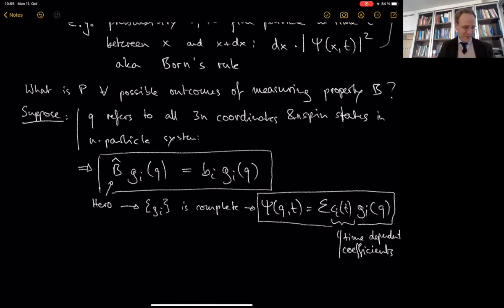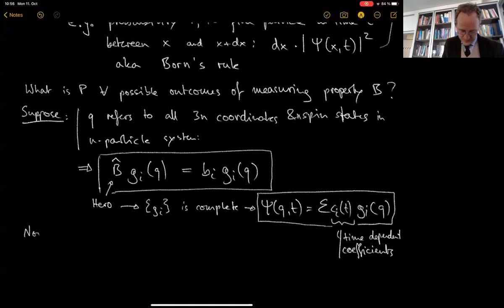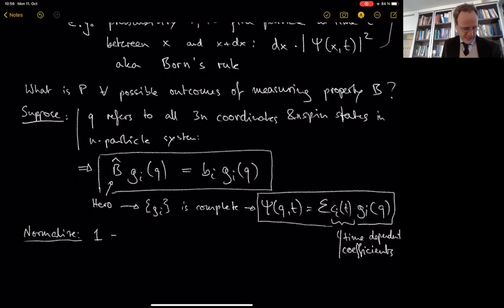So you're comparing really apples to apples. And so when we do that, we are saying 1 must equal the integral d tau psi* psi. Now we plug in our psi.